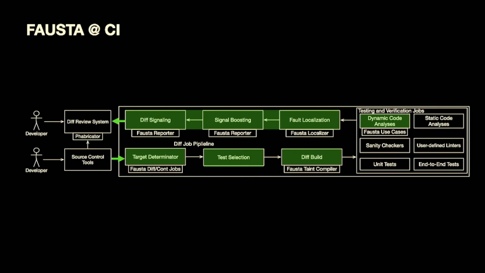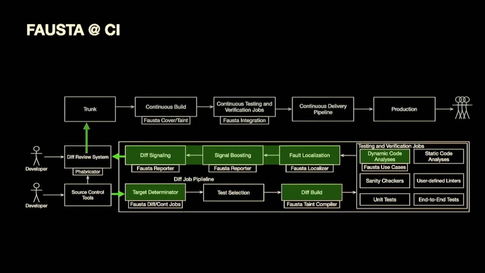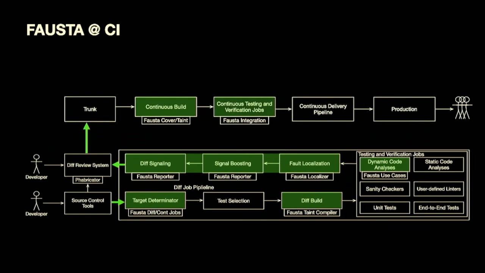This process may be iterated several times until the CI signals are green on the diff. To verify the health of trunk, CI schedules continuous testing and verification jobs periodically, including Fosta's analysis. A healthy trunk revision further triggers a continuous deliver job, which would release the code changes to end users.